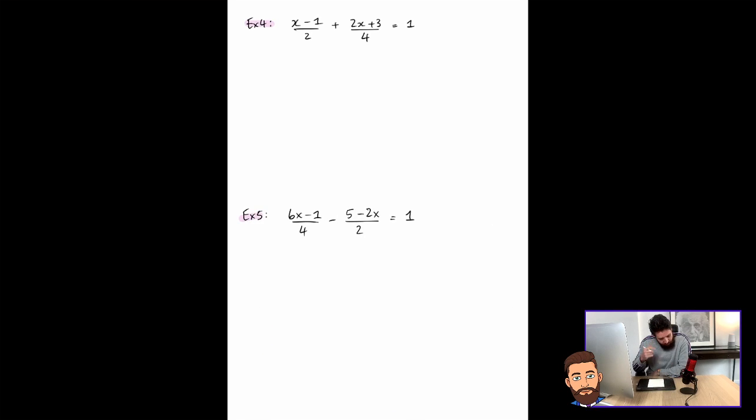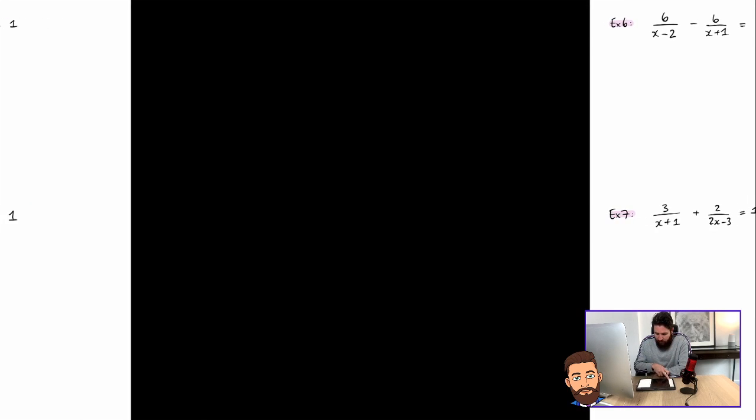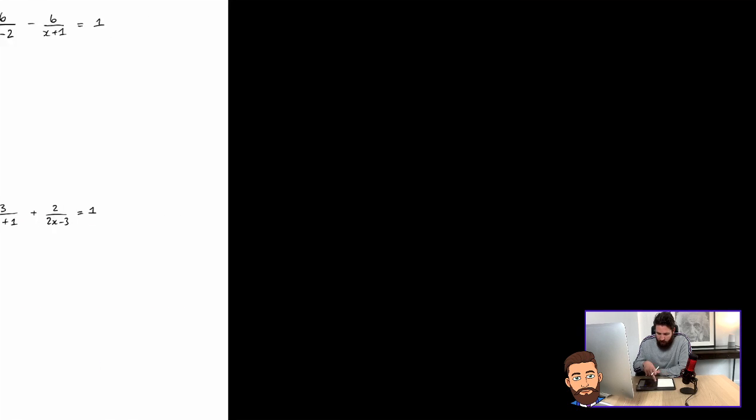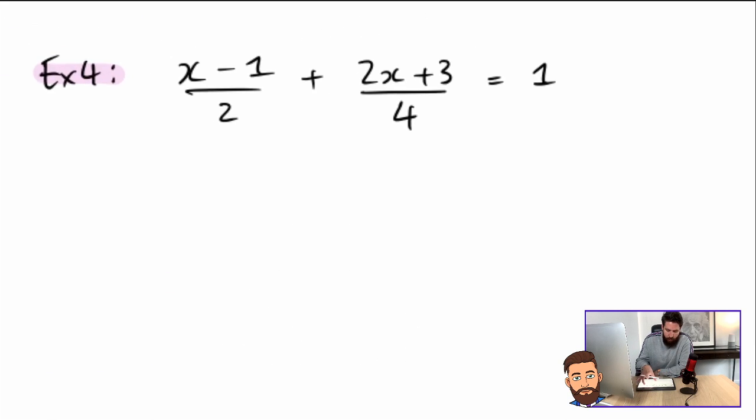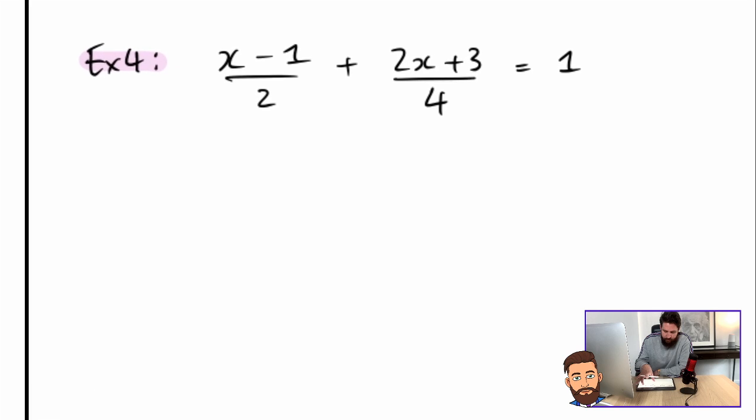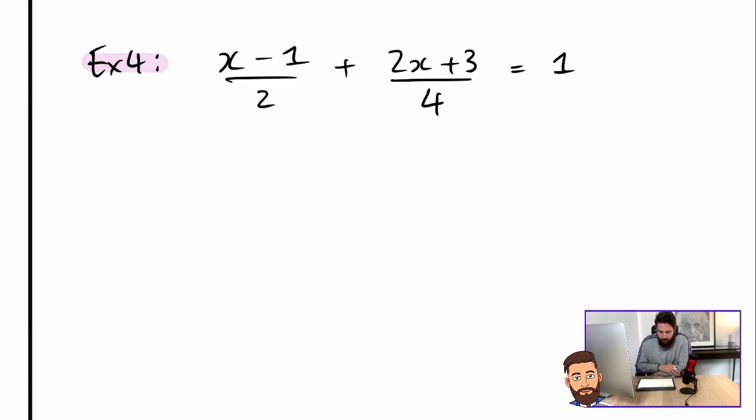Okay, so that takes us on to the next 4 examples where things get a little bit more interesting. So, there's a few ways that we can approach this question.